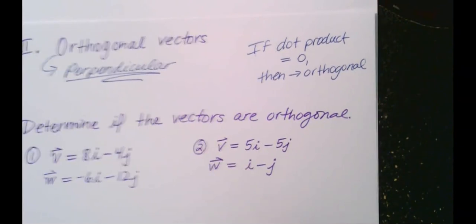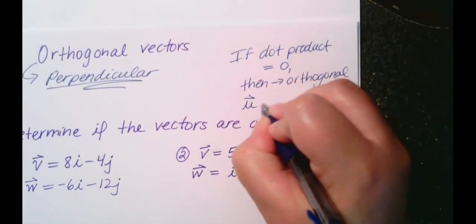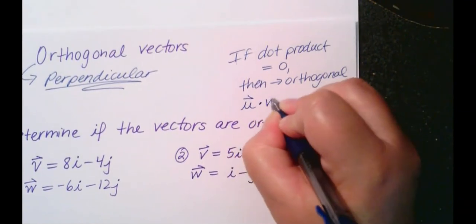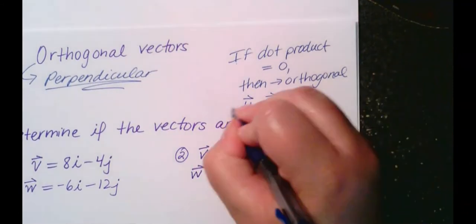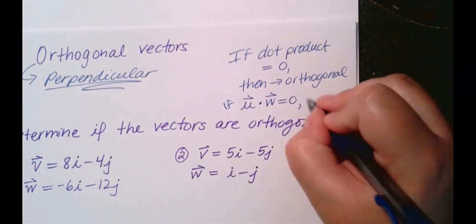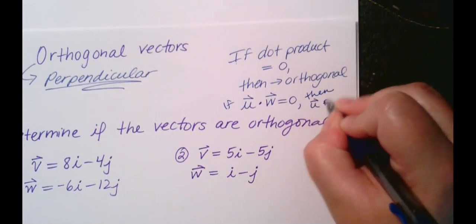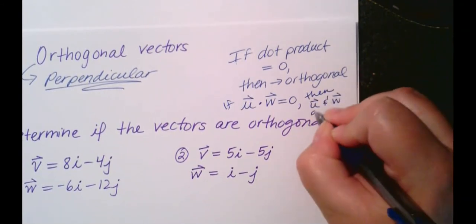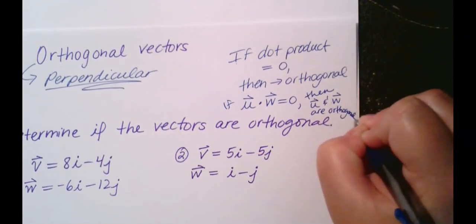Another way, we'll write that in symbols: if we have this, then u and w are orthogonal.